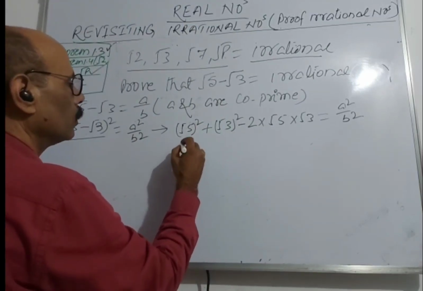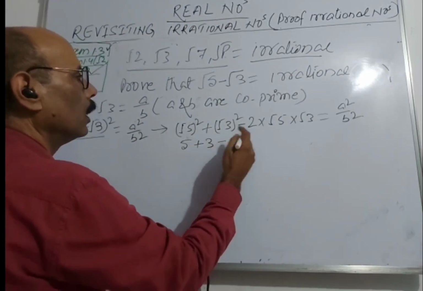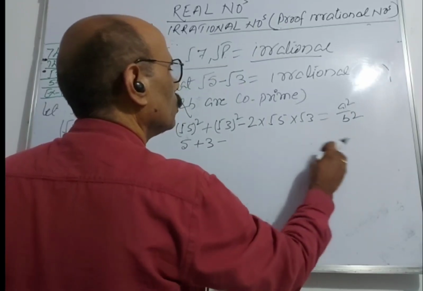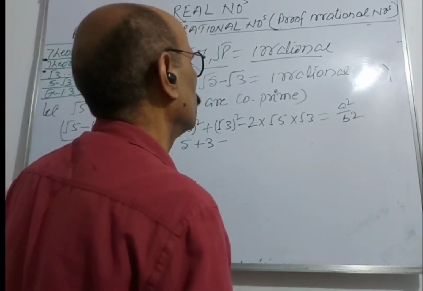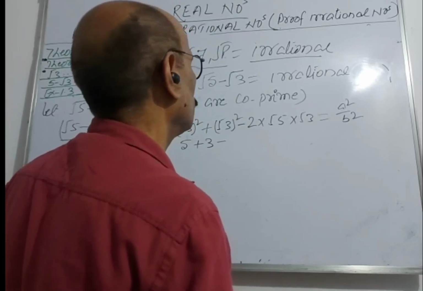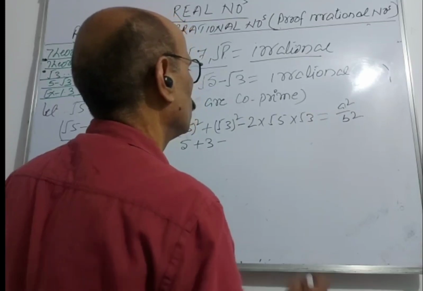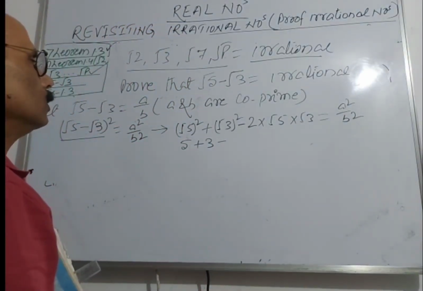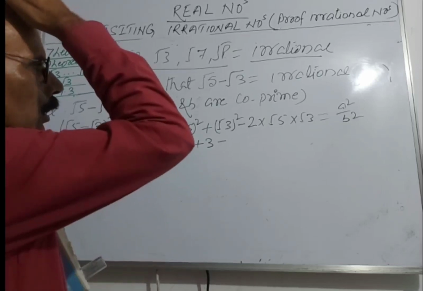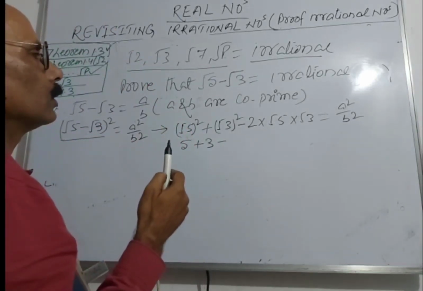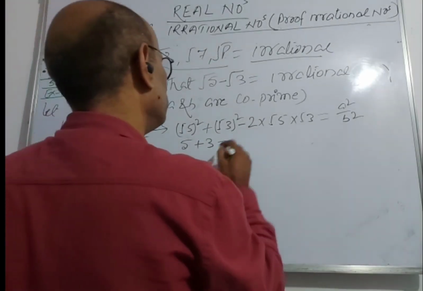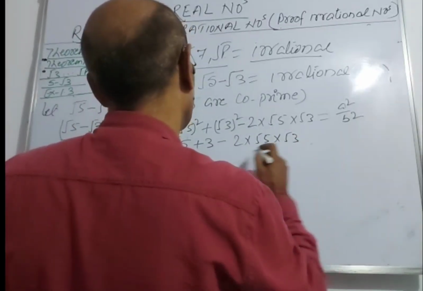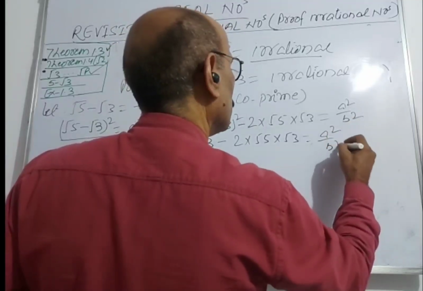Now root 5 square means 5, root 3 square means 3, and here minus 2 into root 5 into root 3, which is root 15.